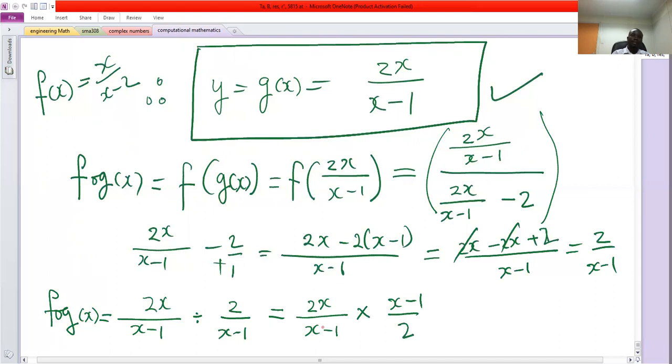It should be clear that this and this cancel out, and this 2 over 2 is 1. So 1 times x is x. Actually, that is what was given to us: g composed with f of x.